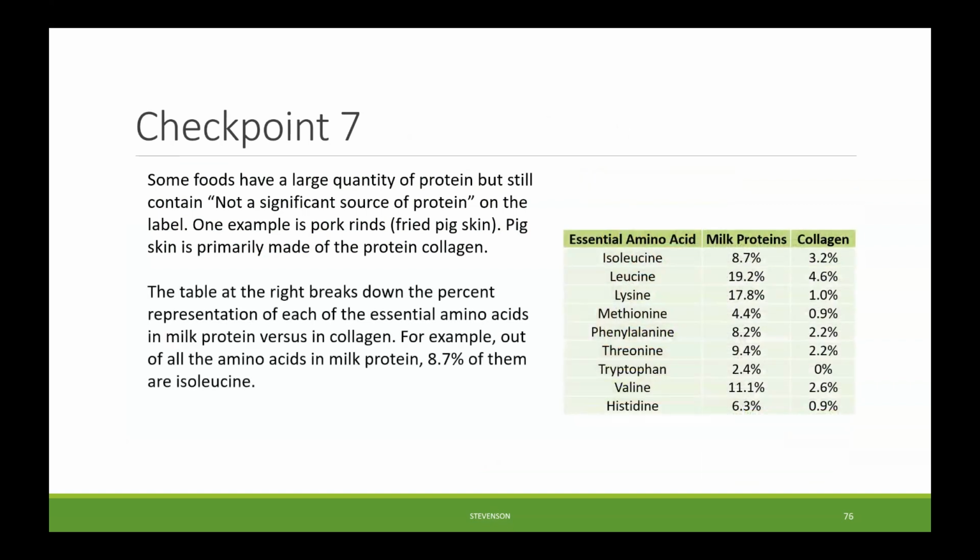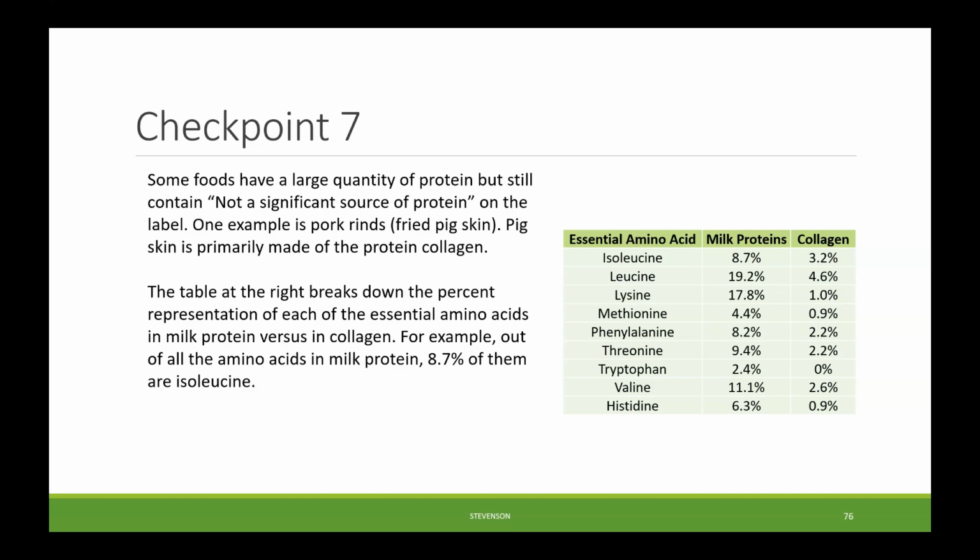Well, this table at the right breaks down the percent representation of the essential amino acids in collagen, which is the main protein found in pig skin. The leftmost column in the table lists the essential amino acids, and the rightmost column shows the percentage of those amino acids found in collagen.